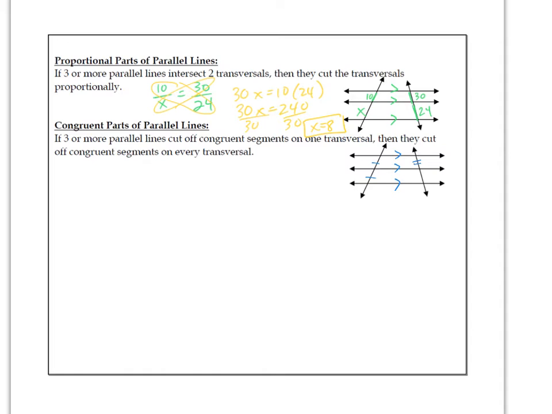Then this one has to also be congruent to this one, because whatever happens on one of the transversals, the other one is going to be proportional. So let's say this is 4 and 4, and this is 3 and x. Well, x would have to be 3, because they would have to be both congruent. If the one on the right is congruent, the one on the left, the segments would have to also be congruent.